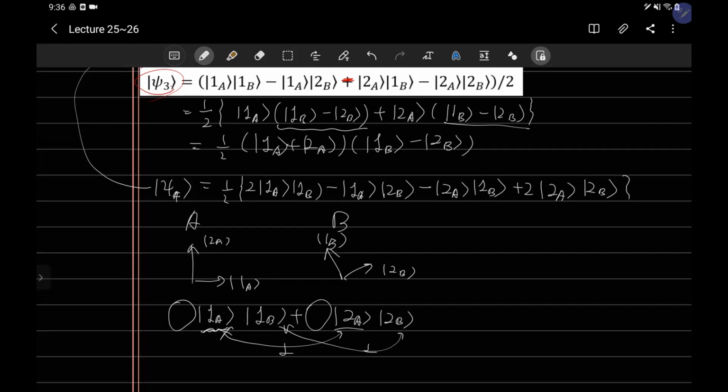So the question is, how can we turn this generally looking quantum state into this form?